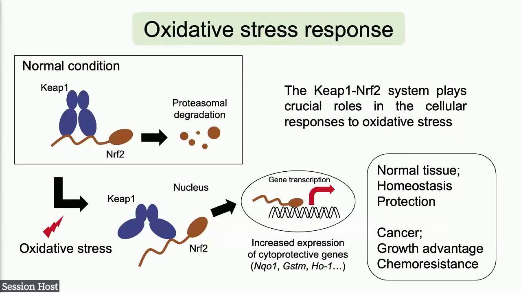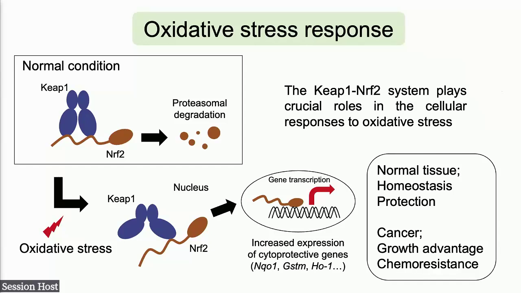The KEAP1-NRF2 system plays crucial roles in the cellular responses to oxidative stress. Under normal conditions, the adapter protein KEAP1 binds to NRF2 and facilitates degradation by proteasome. However, increased oxidative stress attacks disulfide bonds in KEAP1, which leads to a conformational change.